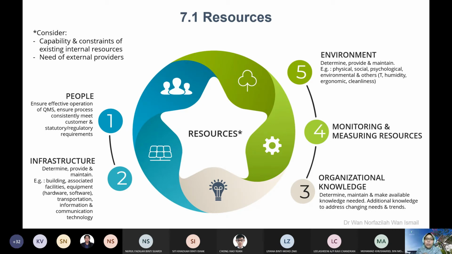Okay, and then the fourth one, monitoring and measuring resources. Not only having these three resources, but you also need to monitor and measure the resources. How to do it depends. If people, how do you monitor and measure people? Might be by doing monthly tests, or sometimes performance evaluation based on testing.